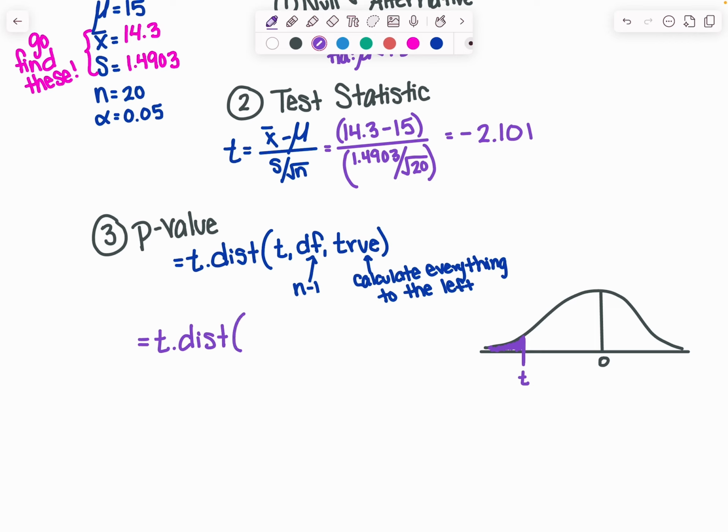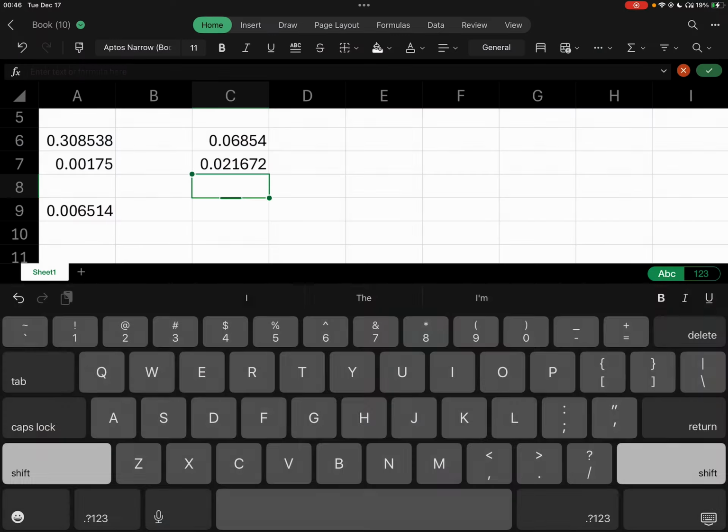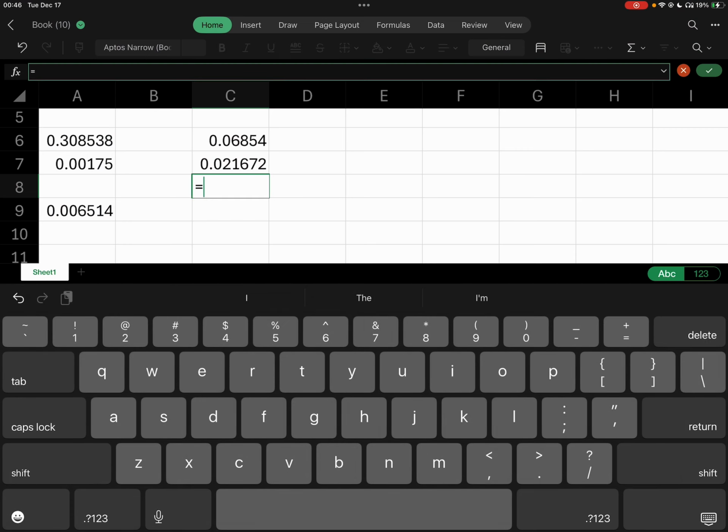So for this one, t.dist negative 2.101. Our degrees of freedom is 19. And then true. So let's go ahead and pull up Excel.